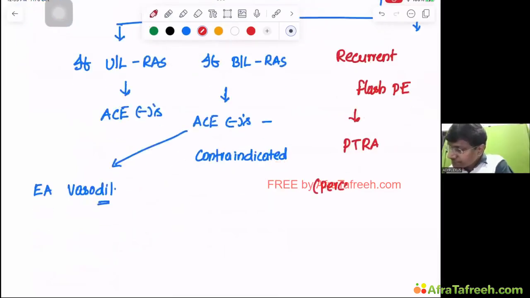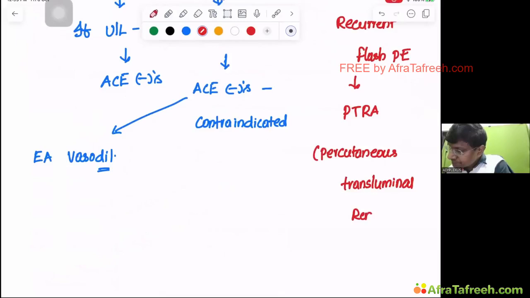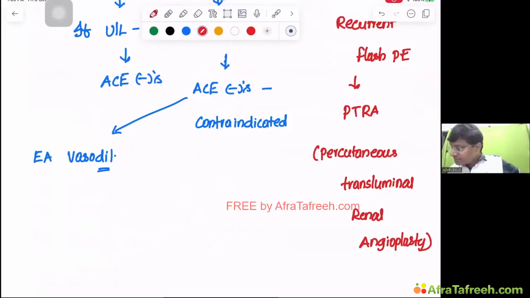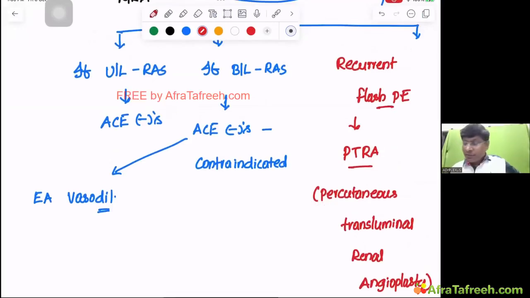That is percutaneous transluminal renal angioplasty. Right? Percutaneous transluminal renal angioplasty. So you will do PTRA when there is recurrent flash pulmonary edema.